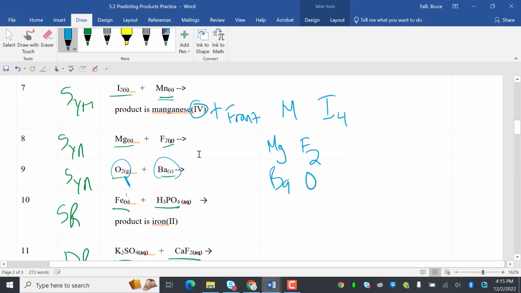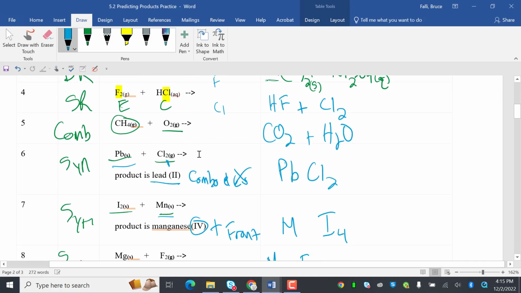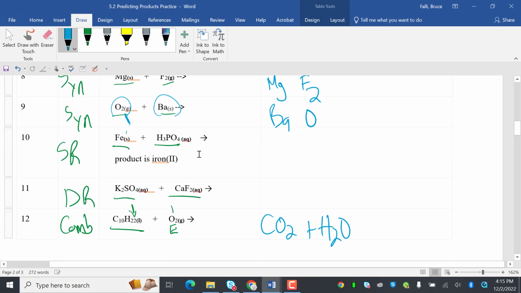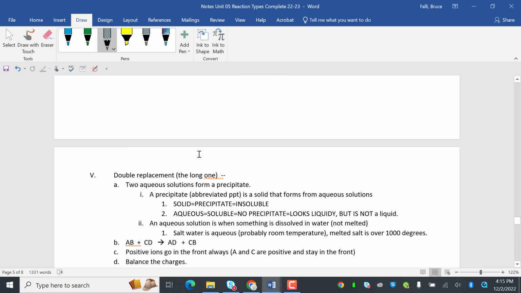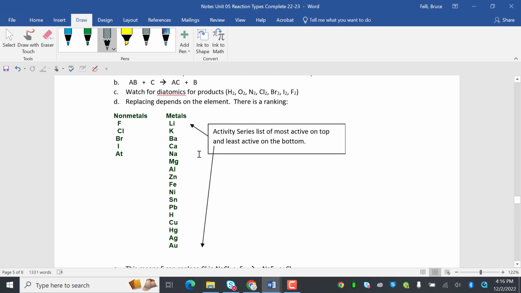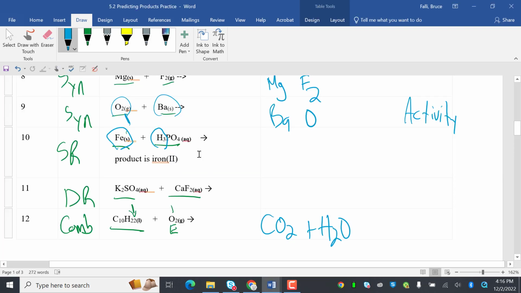Okay, let's hop back up to the top. We did all our synthesis. Let's do our single replacements. So remember, single replacements are the activity series ones. So I'm going to have to keep popping back and forth in my activity series. So iron is positive, so I'm going to look at H. So let's see, is iron above H? Activity series. Iron. H. It is above, so it's going to happen.